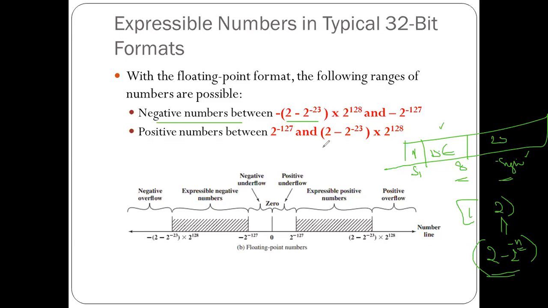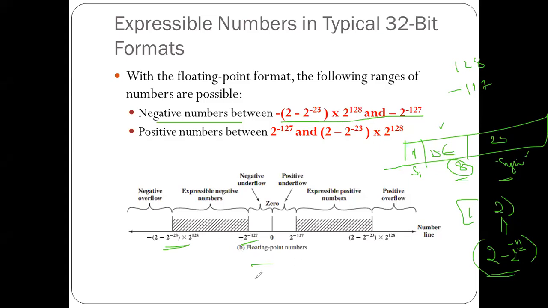To get negative numbers, your significand will be negative. The maximum true exponent is 128 and the least exponent is minus 127. So negative numbers will have values minus of 2 minus 2 power minus 23, into 2 power 128, or minus 2 power minus 127. From here to here we have our negative numbers.